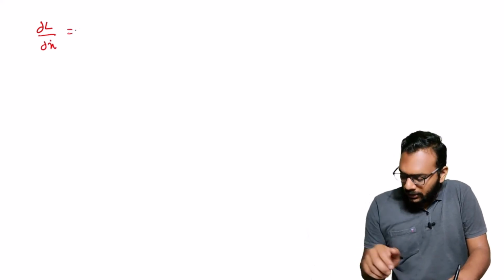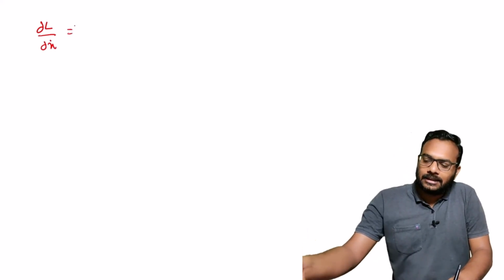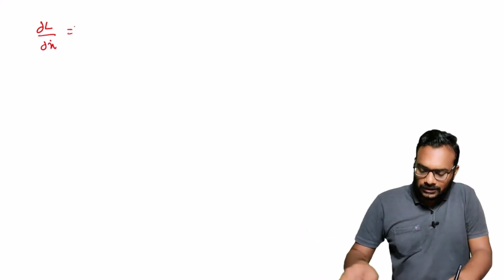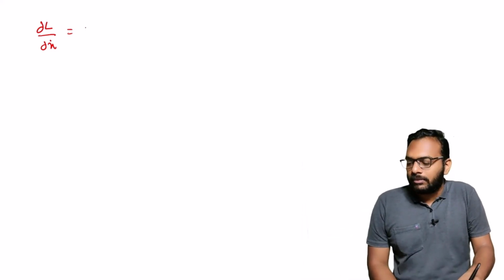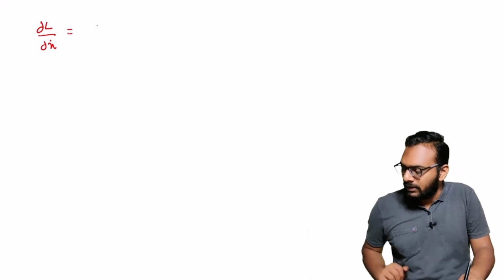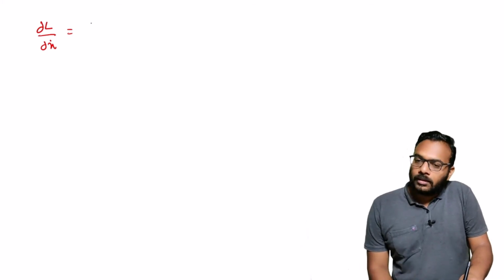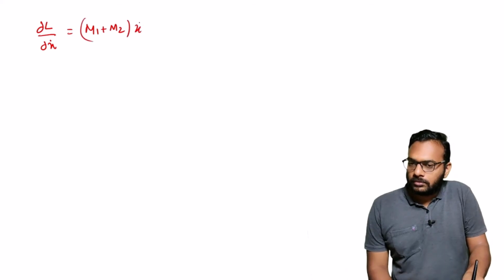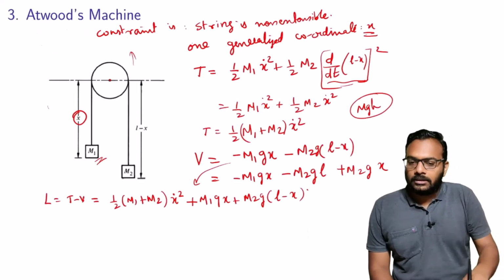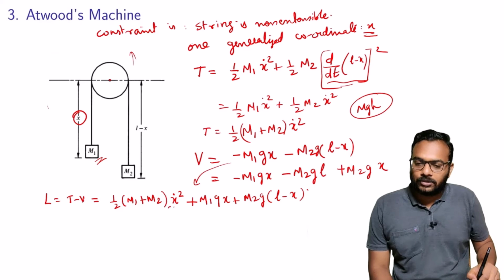Now there's just one coordinate. You find dou L by dou x dot. This is the easy way, quite easy to do. Just find dou L by dou x dot. That's a partial derivative, and it's equal to (m1 plus m2) x dot. Just find the derivative with respect to x dot, right?